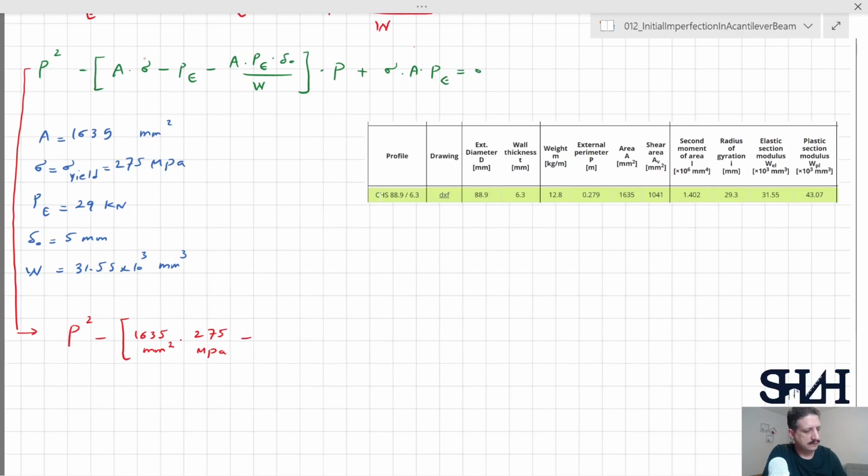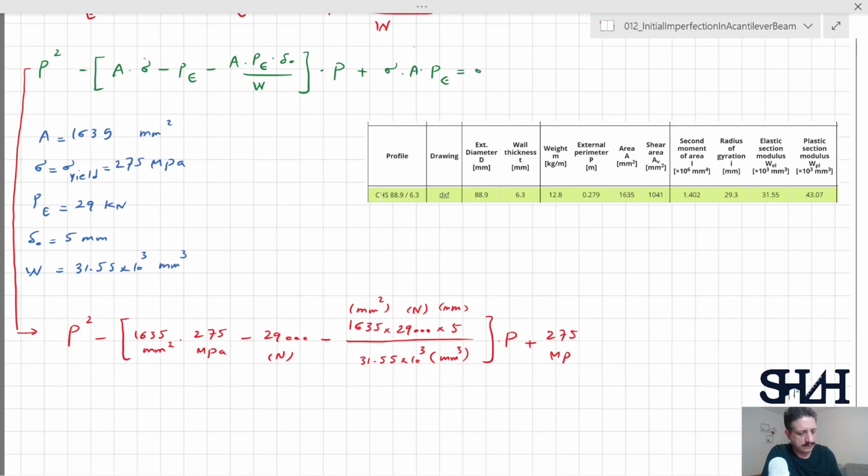So this is Newton. As a result, I write PE as 29,000 Newton: 29,000 minus 1635 times 29,000 times 5 millimeter divided by 31.55 times 10 power 3 cubic millimeter, plus 275 megapascal times 1635 square millimeter times 29,000 Newton.